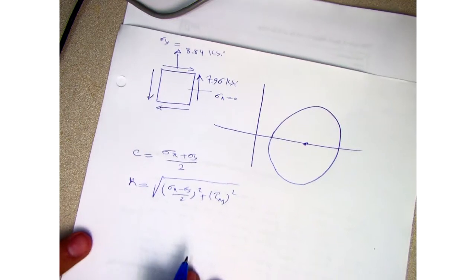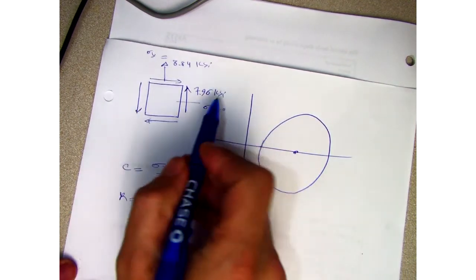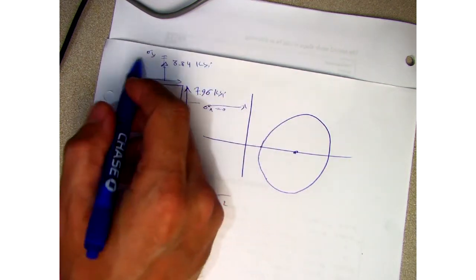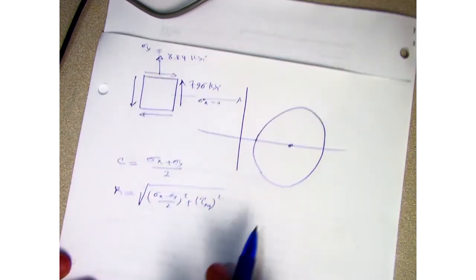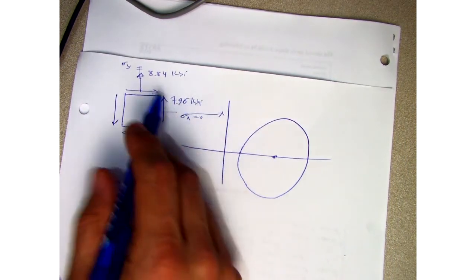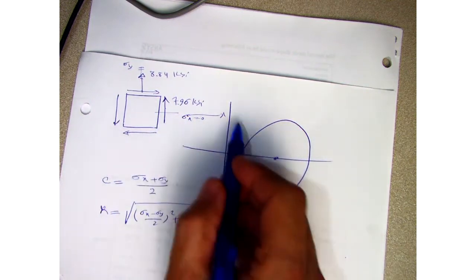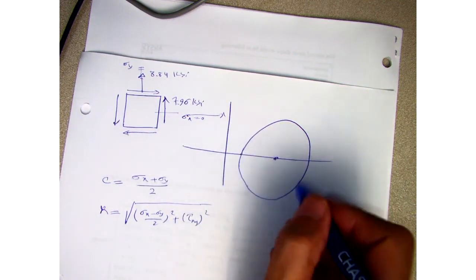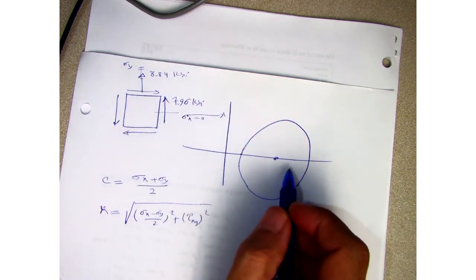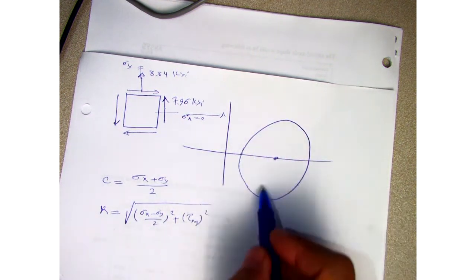This is the radius. All right, so each coordinate system, each configuration of x and y coordinates, each axis is going to be represented by a single point on this circle. So once you have C and once you have R, you can build your circle.